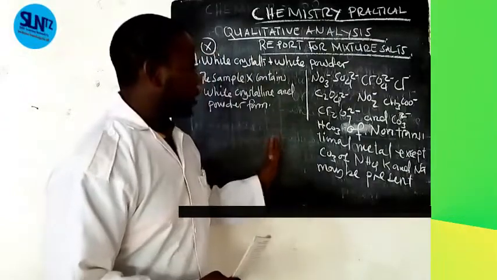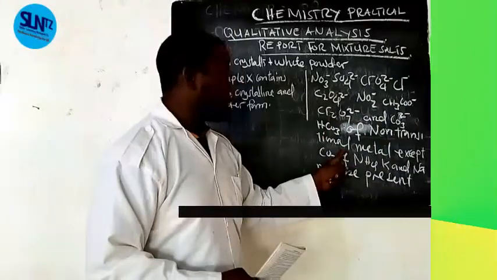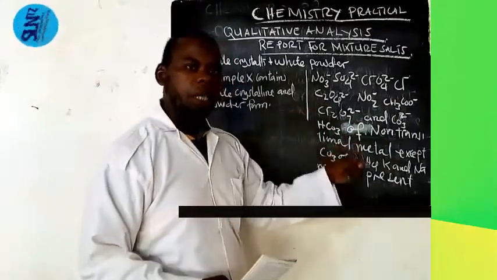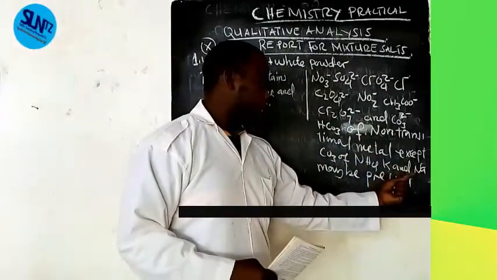Or you can write: non-transition metal may be present except carbonate of ammonium, calcium and sodium.